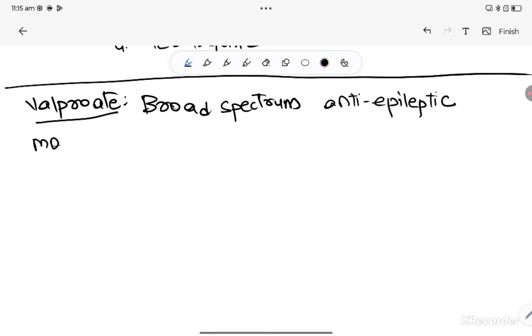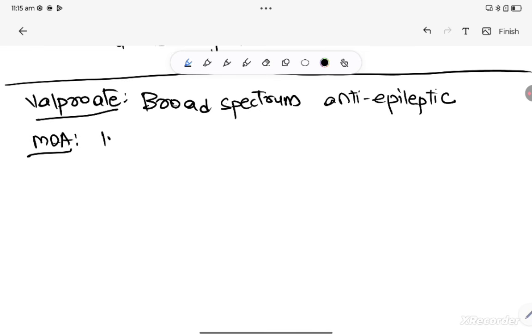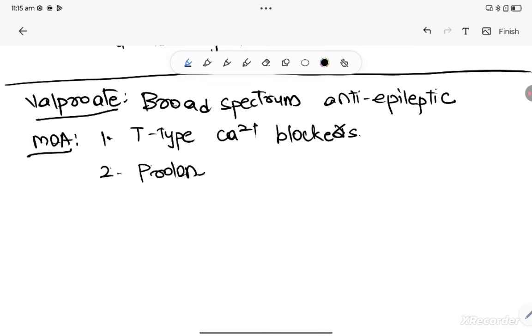With respect to mechanism of action, it has all the possible mechanisms. Obviously it blocks calcium channels, as well as it prolongs the inactive phase of sodium channel.